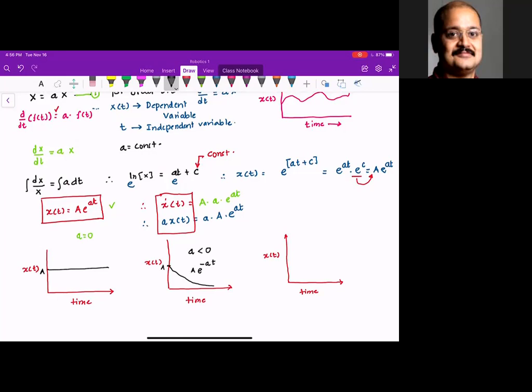So you start with a, but as time goes on, it's going to decrease. You agree with me? What happens here? If small a is greater than 0, then you agree with me, this is going to be like this. So e to the at.